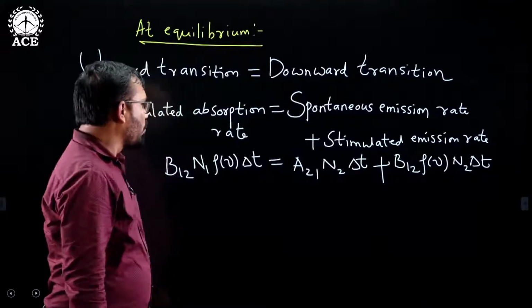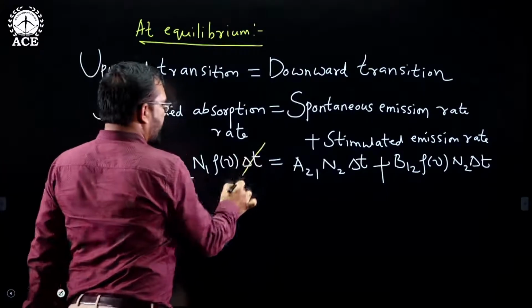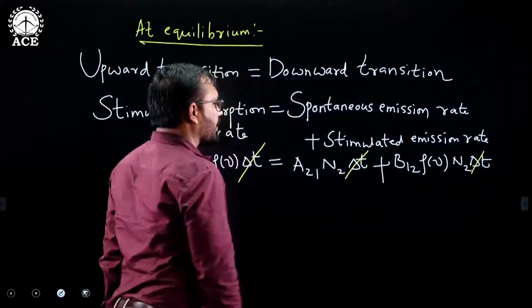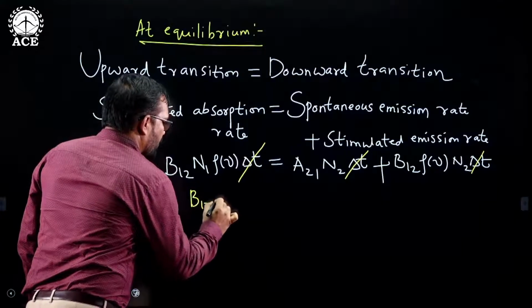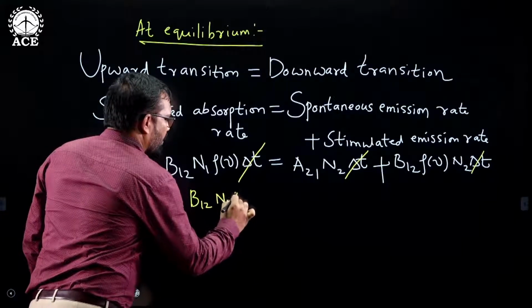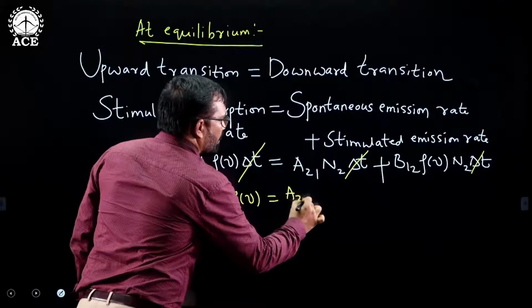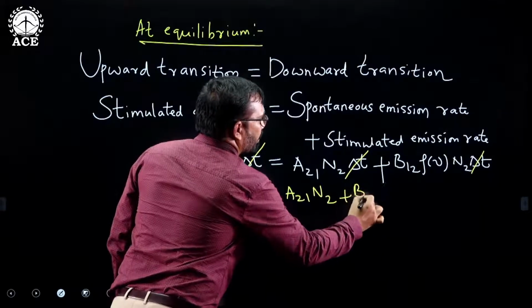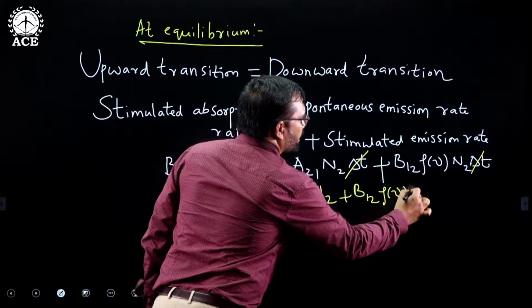Okay, see here, what is common? Delta T here, here also delta T, here also delta T. So I am removing the delta T. So what are you left with? B12 N1 rho nu is equal to A21 N2 plus B21 rho nu N2.